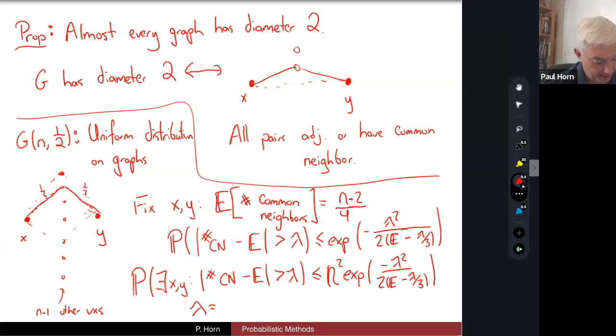And if I take this lambda to be like some constant, 10, don't take 10 too seriously. What's more important is this root n log n. What this root n log n will do is cancel this expectation, cancel this constant 2 here, and just give me some large constant times log n here. That'll beat out this n squared. This implies that this probability goes to 0.